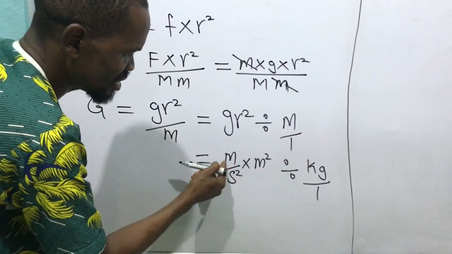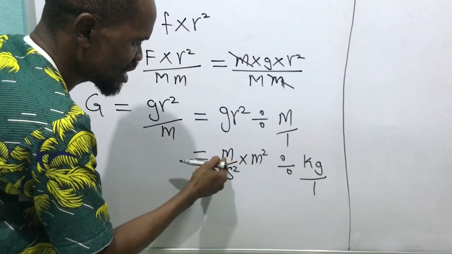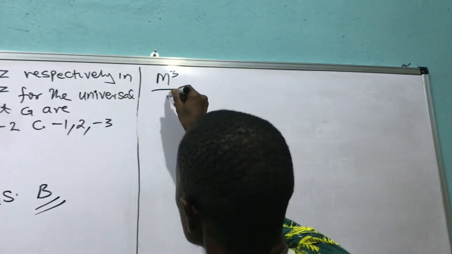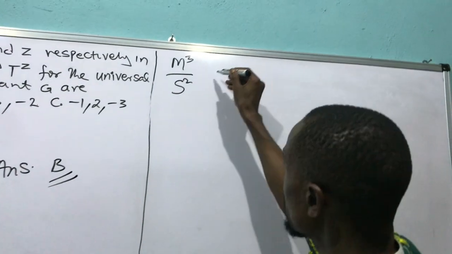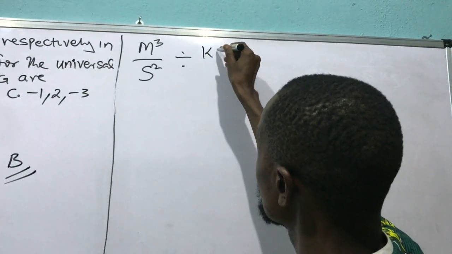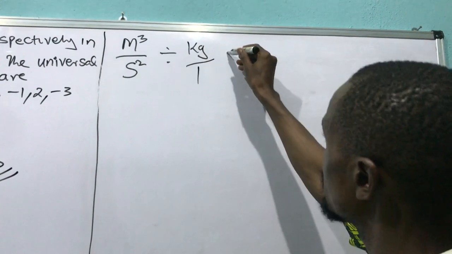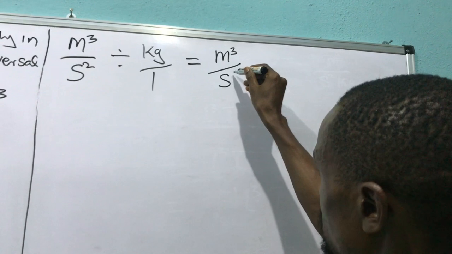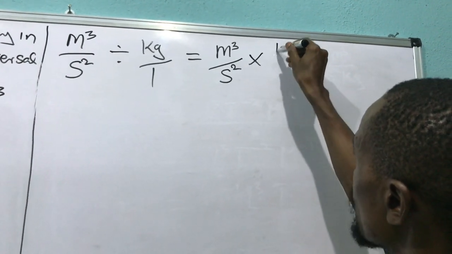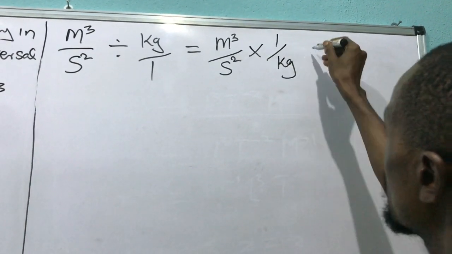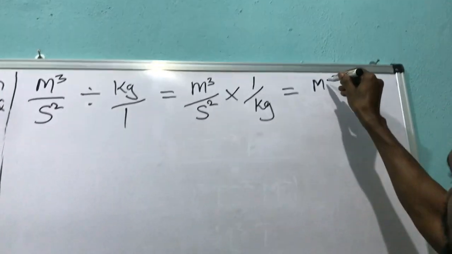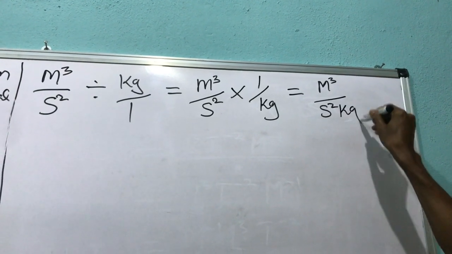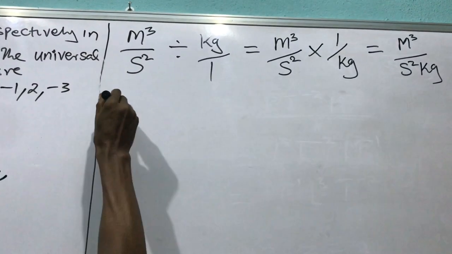Meter squared times meter will give me meter cube all over second squared divided by kilogram over 1. And this will give me meter cube all over second squared times 1 all over kilogram, which gives me meter cube all over second squared kilogram.